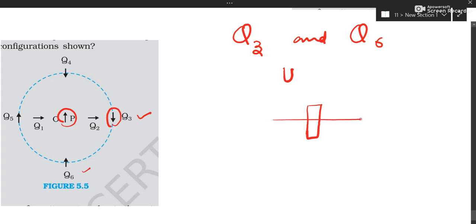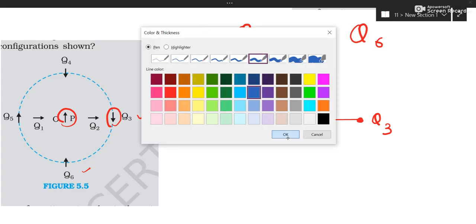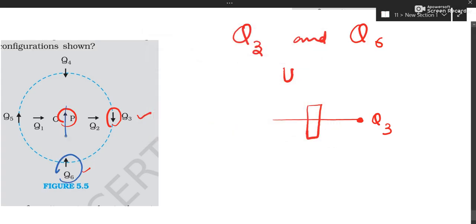So it is located on the equatorial line. And what about Q6? Q6 is located on the axis only, and Q6 is located here.